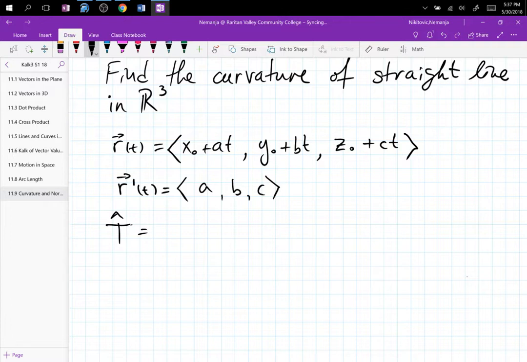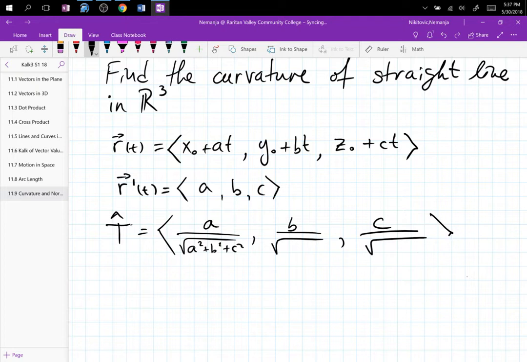So what do we have? a over the square root of a squared plus b squared plus c squared, b over this, and c over this. That's the magnitude.